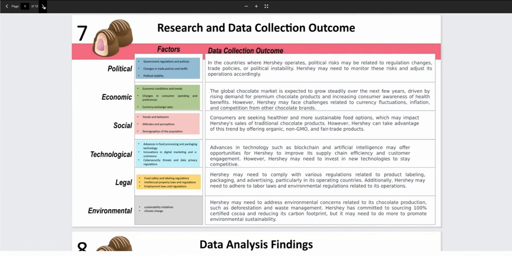Hershey may need to monitor these risks and adjust its operations accordingly. So this is the outcome of the previous step.